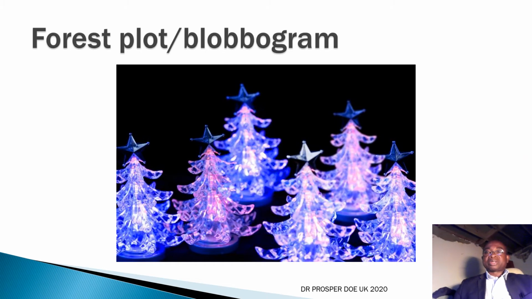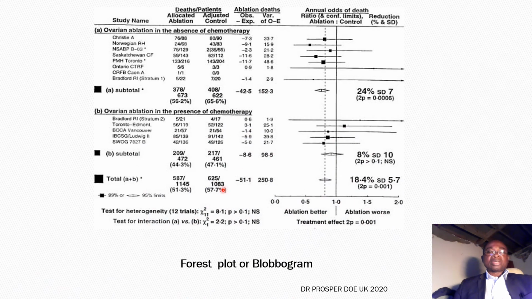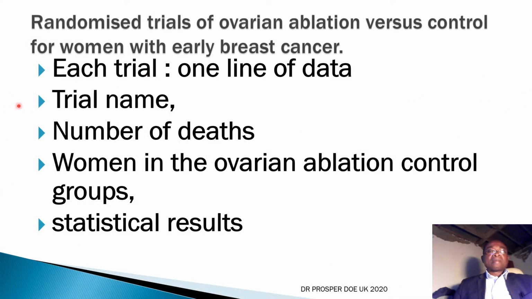That's the previous graph, which is as follows. Each trial represents one line of data, and there's also the trial name and the number of deaths, as well as women in the ovarian ablation control groups and statistical results.